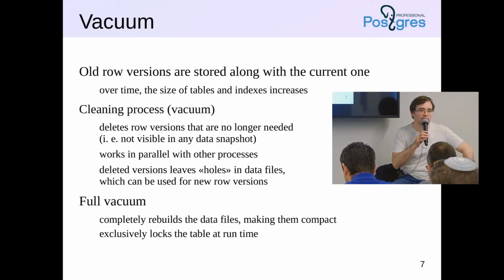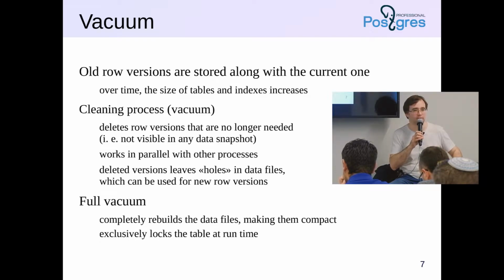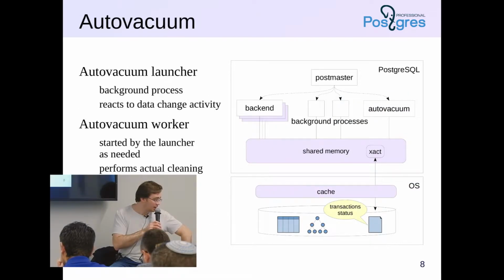Fortunately, we have third-party tools like pg_repack or pg_squeeze, which can compact your files, and they also require an exclusive lock, but for a very short period of time. Yeah, and about autovacuum, it's a background process. You can see the autovacuum launcher process.